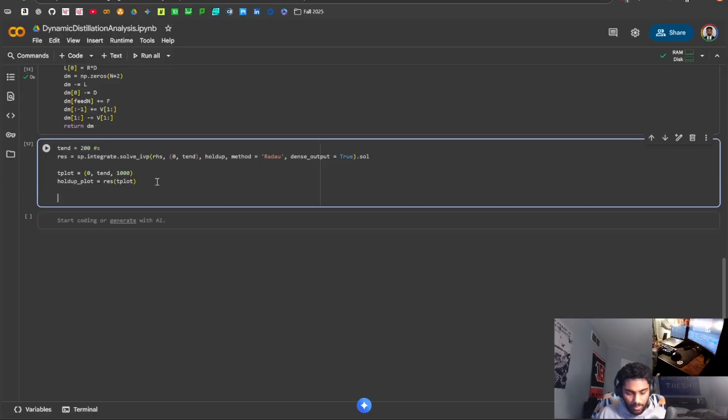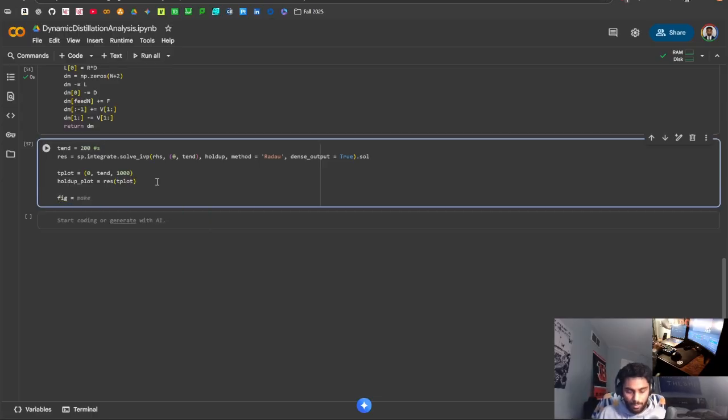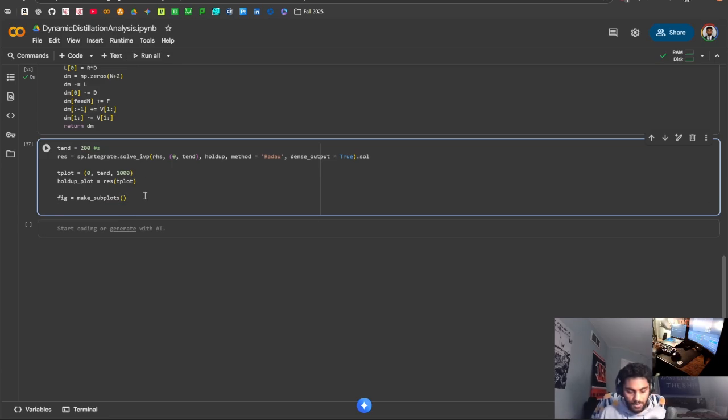So now we'll go ahead, we'll go fig equals make subplots. So now we'll do a loop.